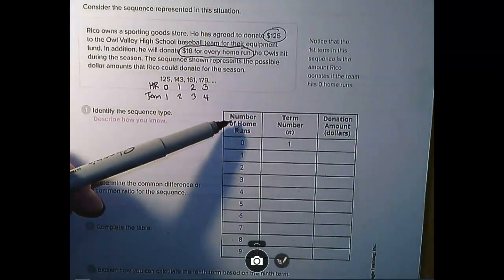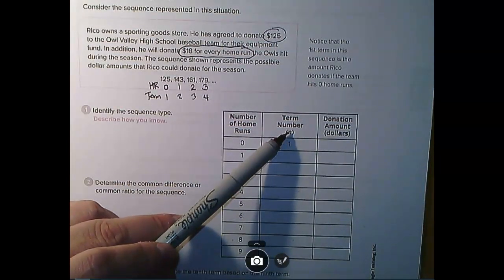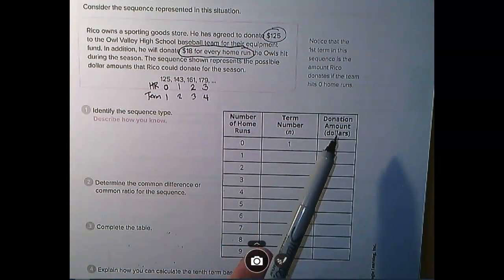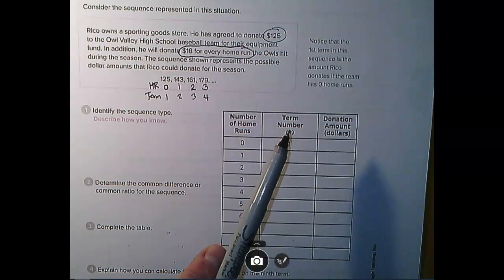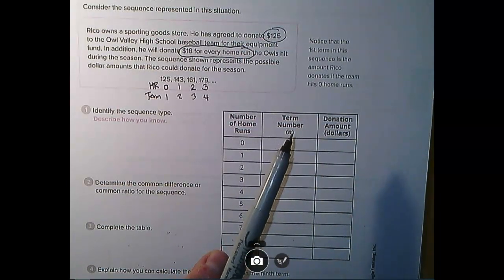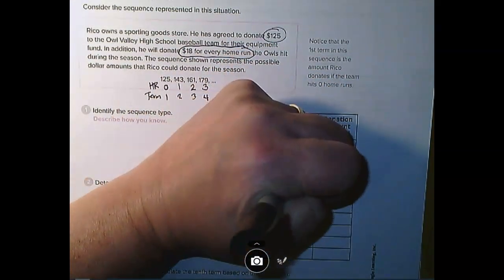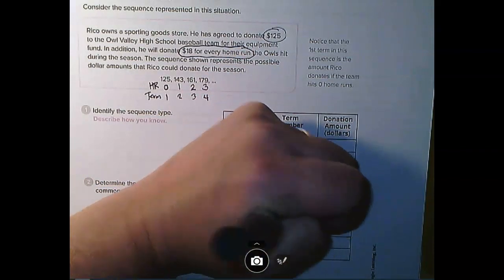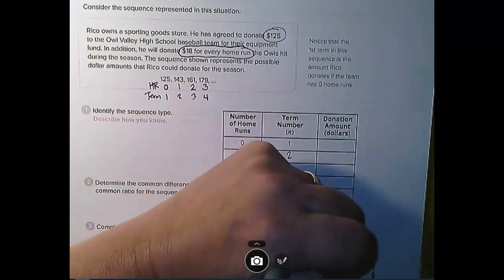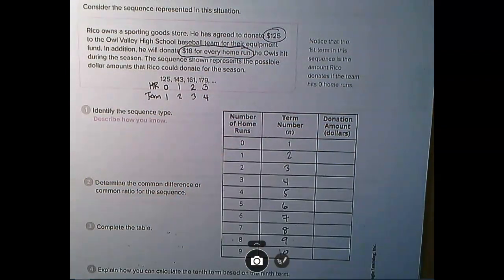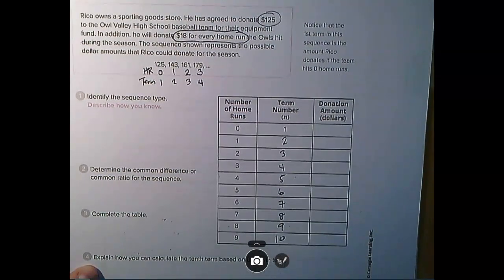So this column is the number of home runs, this column is the term number, and then this column is the amount that Rico is donating in dollars. So the term number is always just your counting numbers starting with 1. So going down this column, you're just going to have all of the counting numbers starting with 1. And there are 10 rows, so it's going to go from 1 to 10.